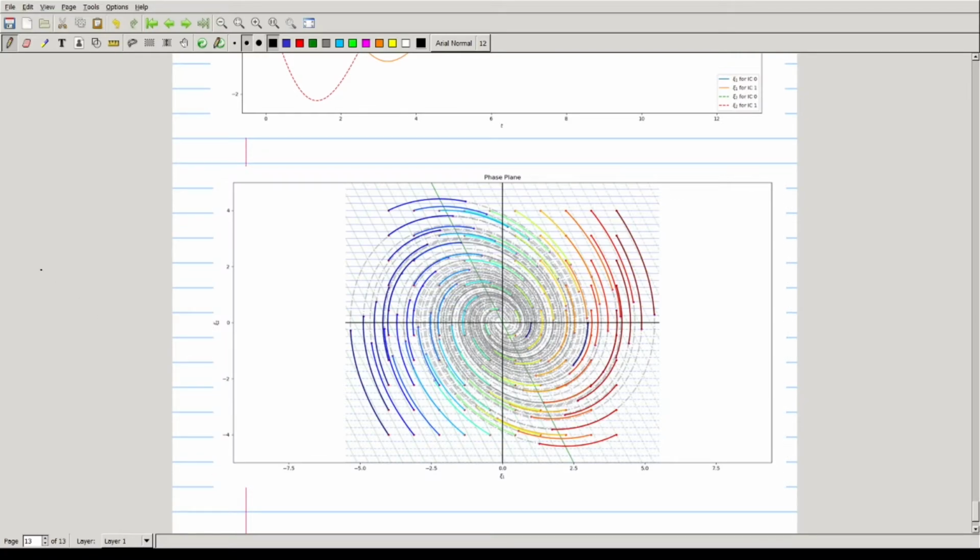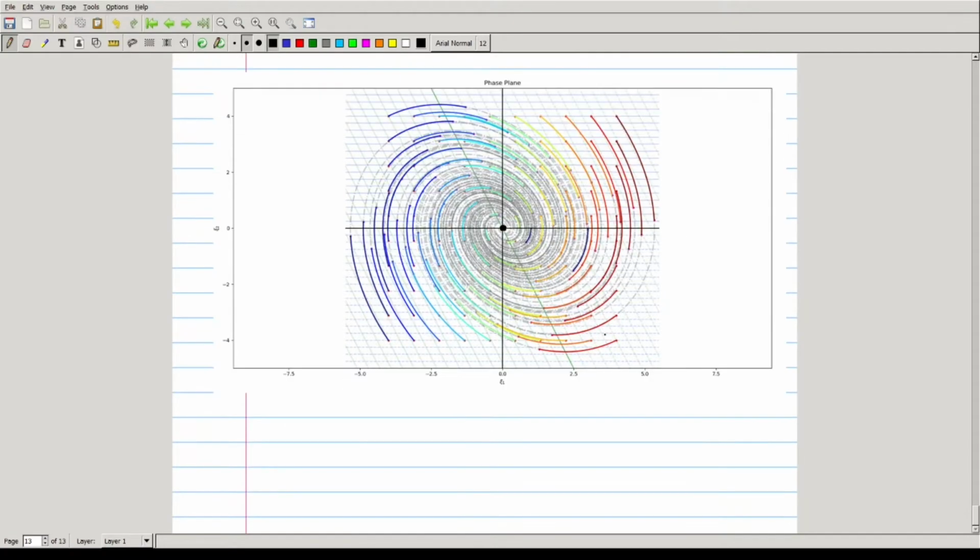We have the exact solution plotted out here along with the trajectory of a couple of different initial conditions. And what we're seeing here is that the equilibrium point that we calculated before is a stable equilibrium point, but it's not just stable, it's also asymptotically stable because the solutions as time goes to infinity are converging to this equilibrium point.